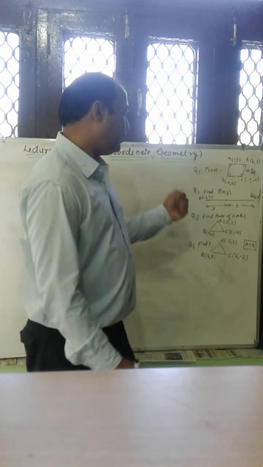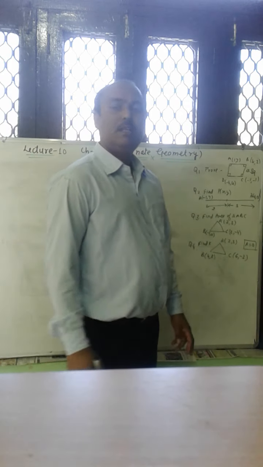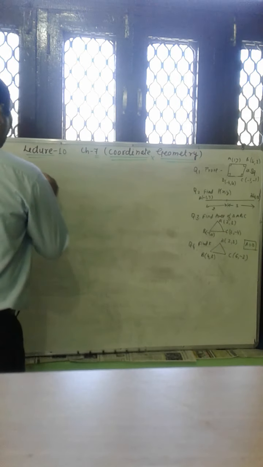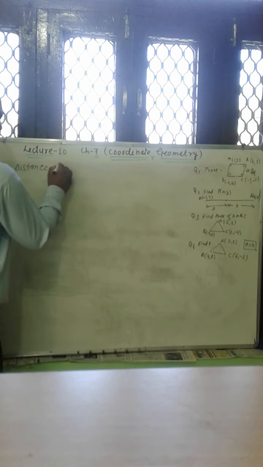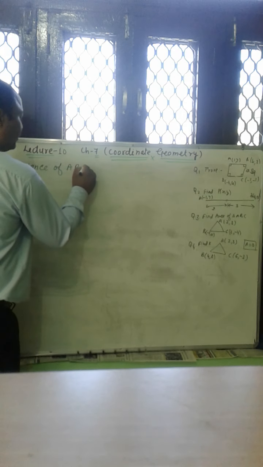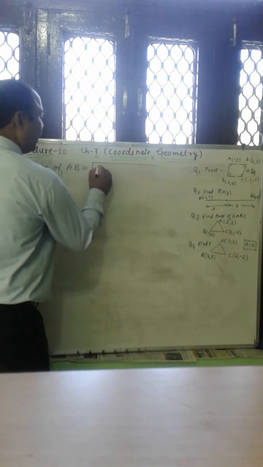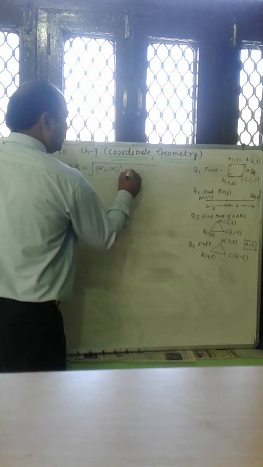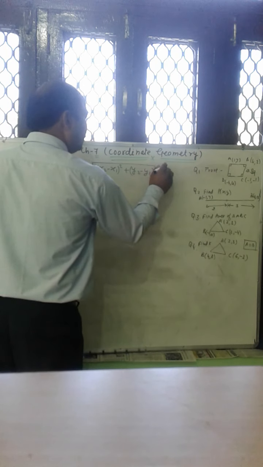So now today we are discussing ABCD is a square. Here we are using the distance formula. The distance of AB equals the square root of (x2 minus x1) to the whole power 2 plus (y2 minus y1) to the whole power 2.